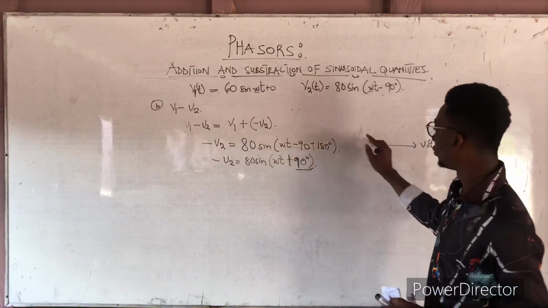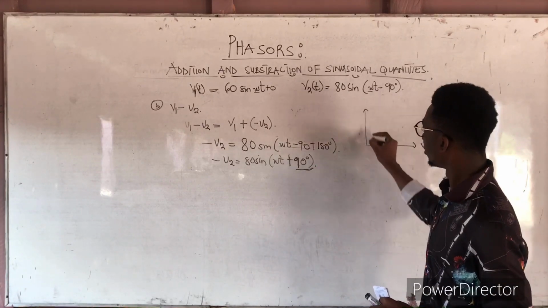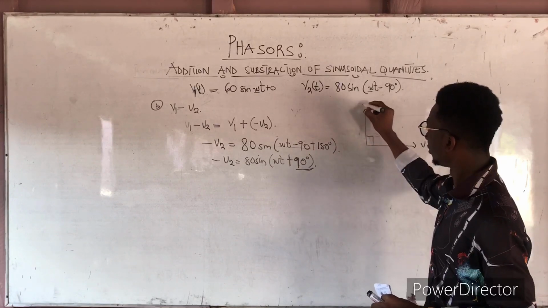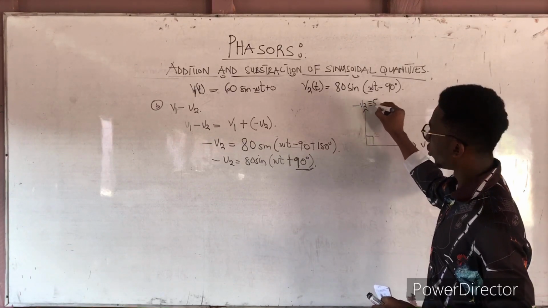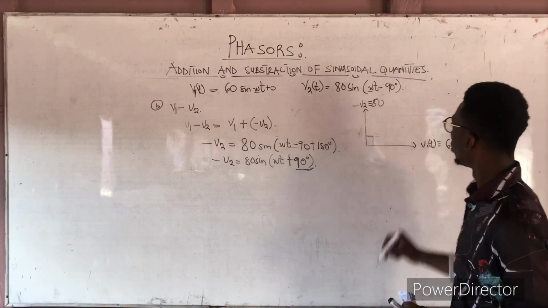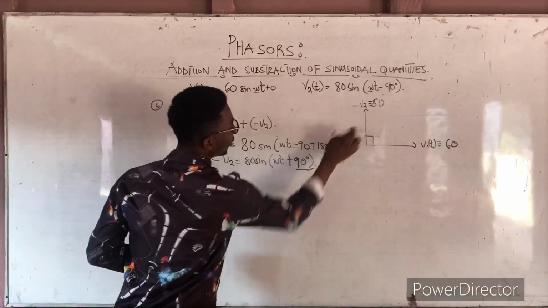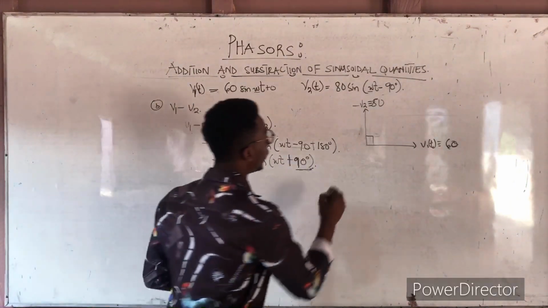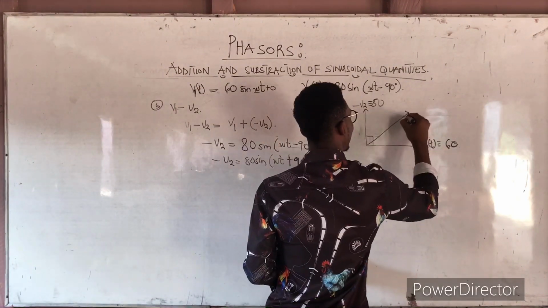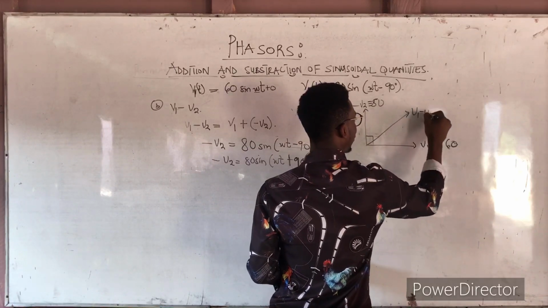But the minus V2 is now leading by an angle of 90. So minus V2, which has a peak of 80, is now leading by an angle of what? Of 90.